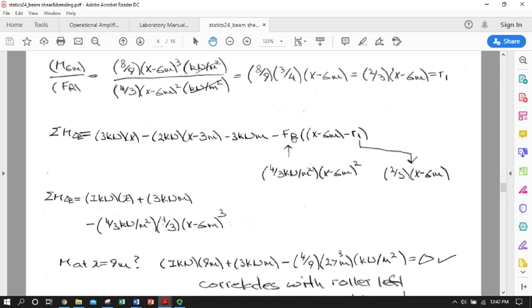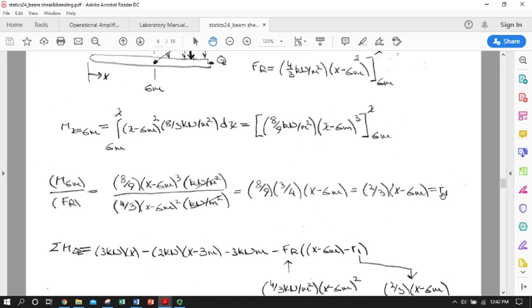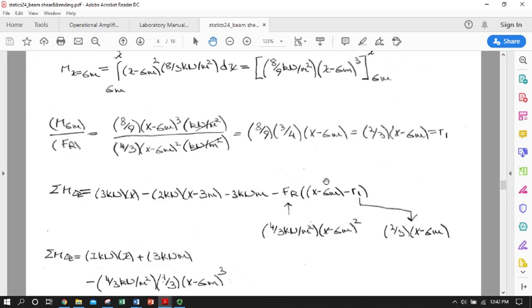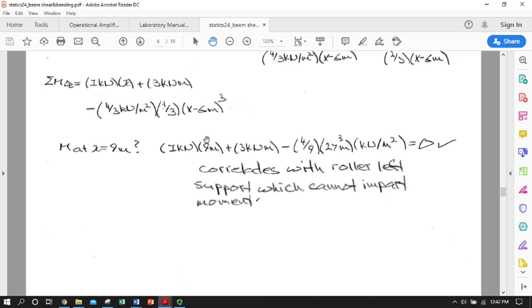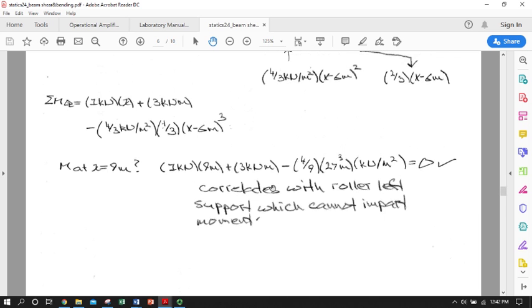Okay, so this is literally using the old R sub 1 equivalent, but this time we're keeping it open in terms of x. So I'll let you step through that. And we can check it at x equals 9 and show that it goes to 0, which correlates with the roller left support, which can't impart moment.